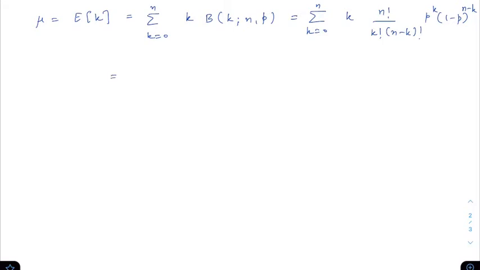So we can take the pieces which are not exactly dependent on k outside. I've basically taken a power of p and a power of n on the outside.